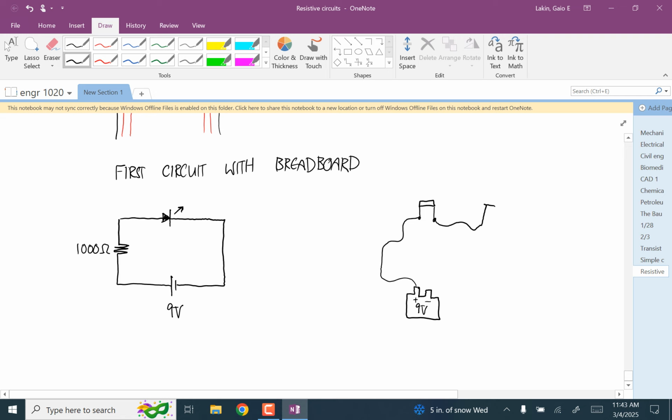The one thing you need to know about this is all the LEDs have a long side terminal and a short side terminal. The long side is the positive. So if you hook it up the wrong direction, it won't light up. Okay, so you want the long side to be the one on the side of the positive terminal of the battery, and the short side to go toward the ground.